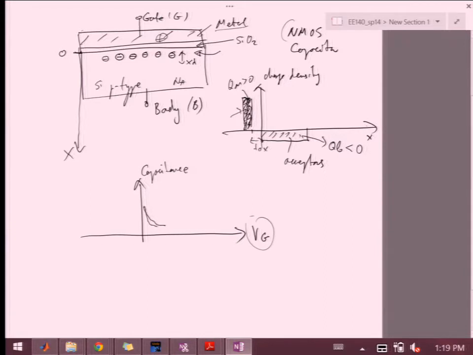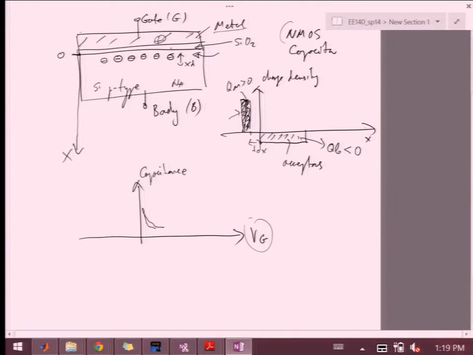The reason is that now all of a sudden I have this whole region across my plates of the capacitor, right? So they exist on one side here, and then on the other side, where the end of the depletion region is. So my capacitance drops, and I'll call this region depletion.